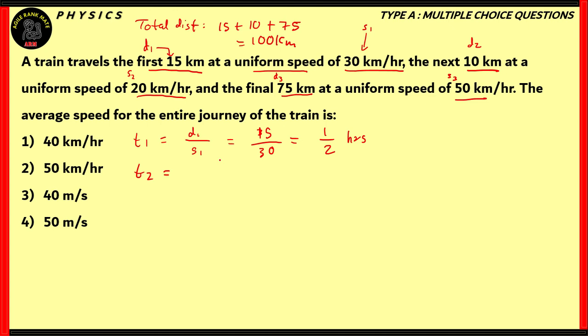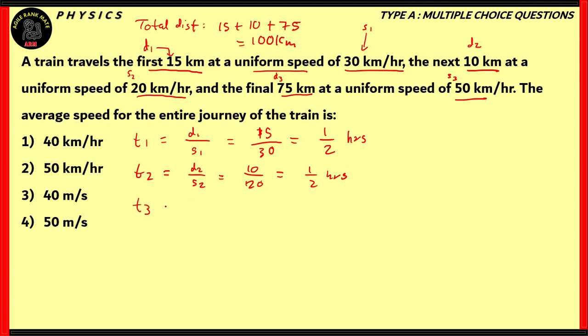T2 is the time taken for the train to travel the second stretch of 10 kilometers at 20 kilometers per hour. D2 over S2 is 10 over 20, which results in 1 by 2 hours. So the first half an hour was the first leg of the journey, the second half an hour was the second leg.